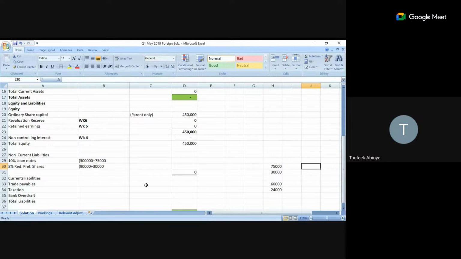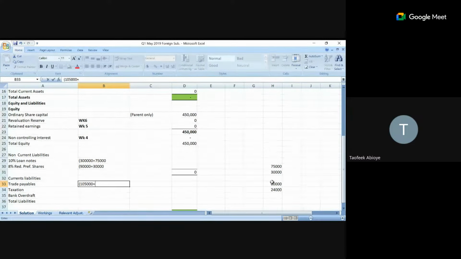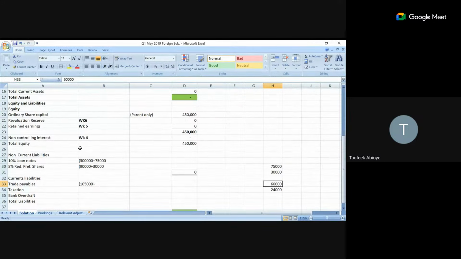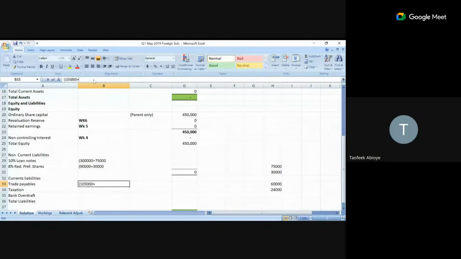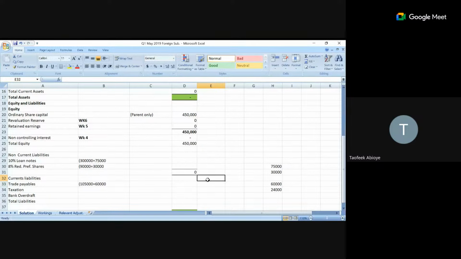Now, let's move to trade payables. Trade payable of parent company is 105,000, plus trade payable of subsidiary 60,000, right? 60,000. Now, taxation. What is the taxation of parent company?